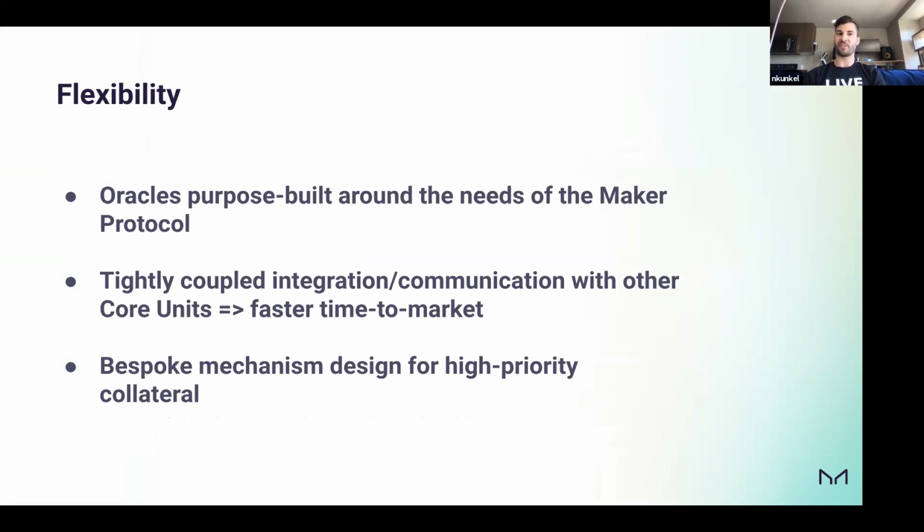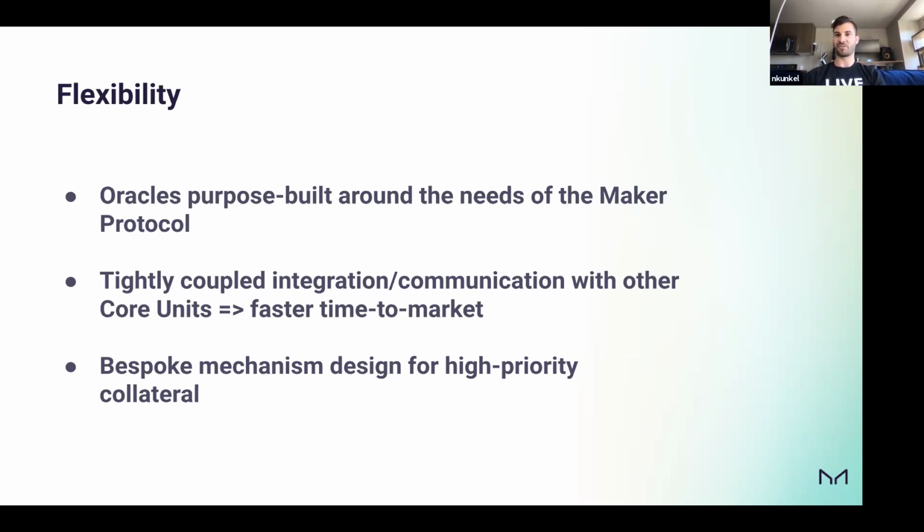You end up having this tightly coupled integration and communication workflow with the other core units. So instead of saying, hey, external vendor, we need an Oracle for this, and we're trying to do collateral onboarding in 2 weeks, or by the end of the month, right?